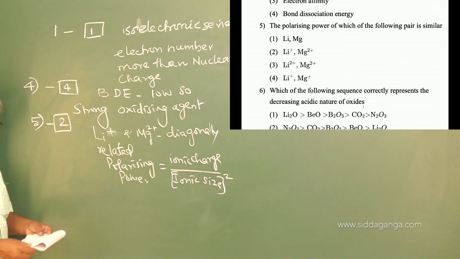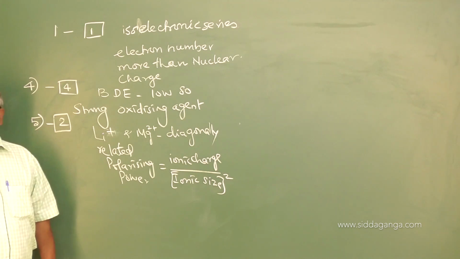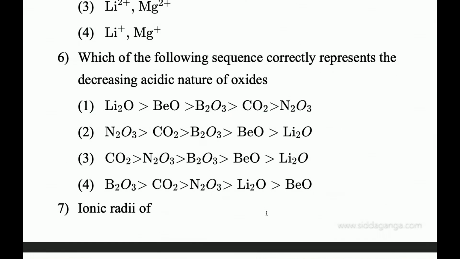Now question number 6. Which of the following sequences correctly represents decreasing acidic nature of oxides? In the periodic table, on the left hand side, metallic oxides are basic in nature. On the right hand side, P block, it is acidic in nature. Some are amphoteric in nature.